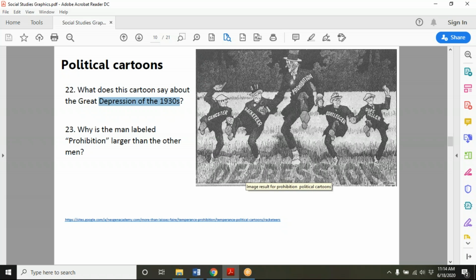So with political cartoons, you really have to think: what do I know about this time period or event? They can be tricky, but if you pay attention and read everything, certainly the title and any dates, you can make sense of it.